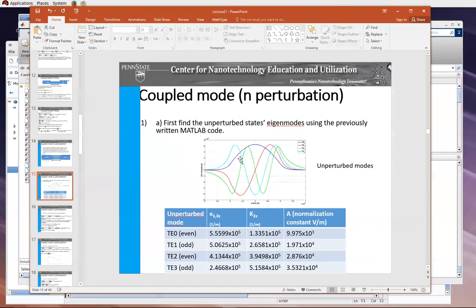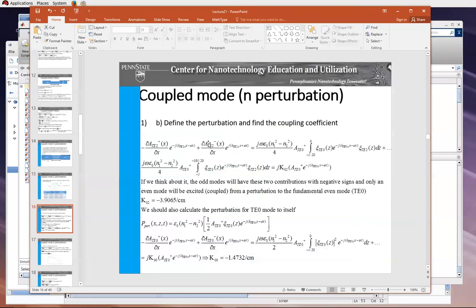And for that, we have these modes appearing. As you can see, only the even modes are the blue one and the cyan or turquoise colored one. All right, so let's go one step further.